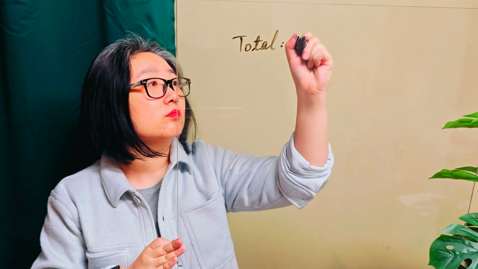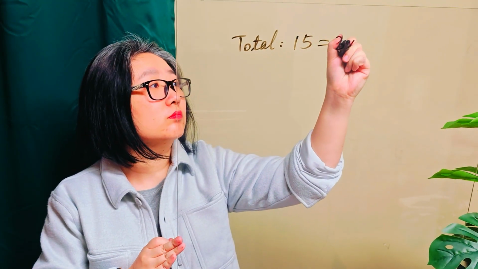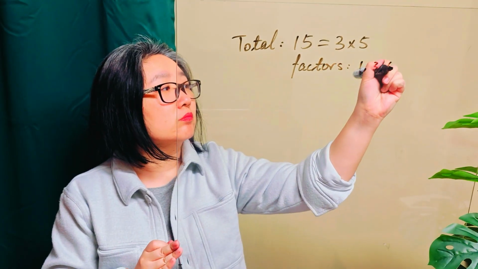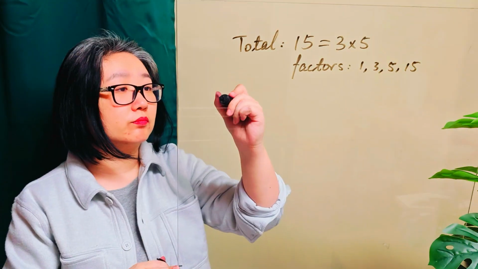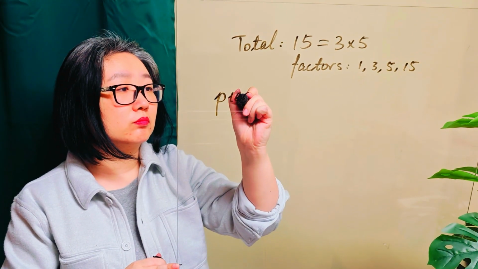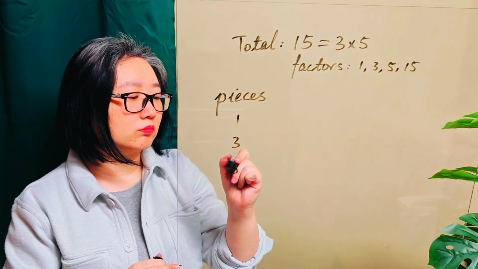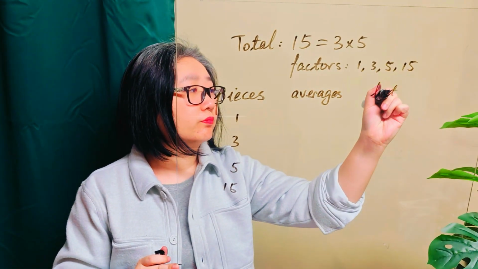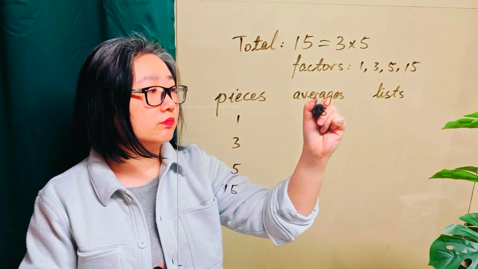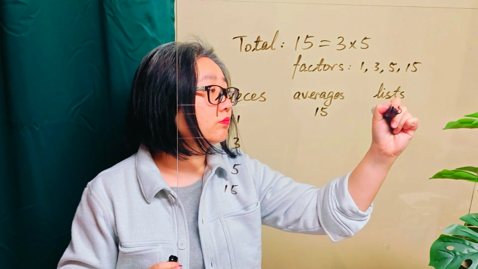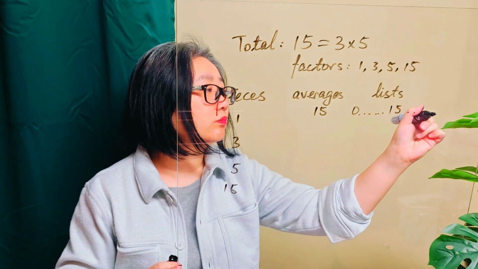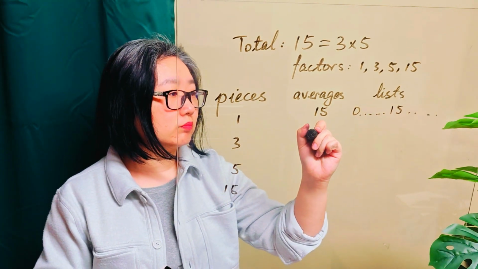Let's try another starting number, say 15. The odd factors are 1, 3, 5, and 15, so those are our starting cases. And we should end up with 4 different ways of writing 15 as the sum of consecutive positive integers. Without going through the trouble of writing out these lists, we should be able to tell which ones would go into the negatives by looking at the averages.